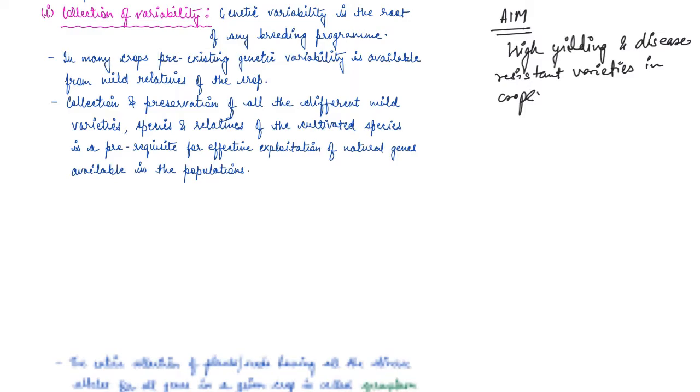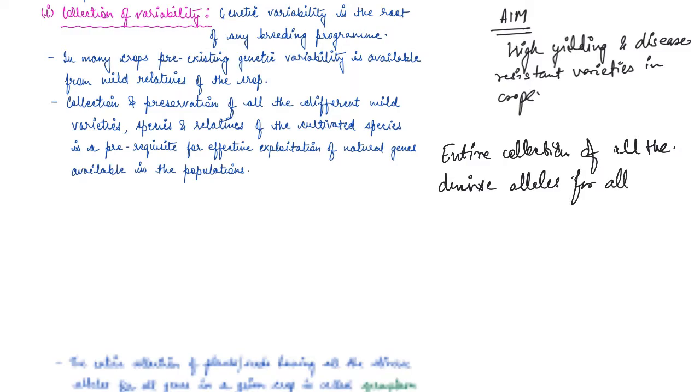The entire collection of plants or seeds having all the diverse alleles for all genes in a given crop is known as germplasm collection.